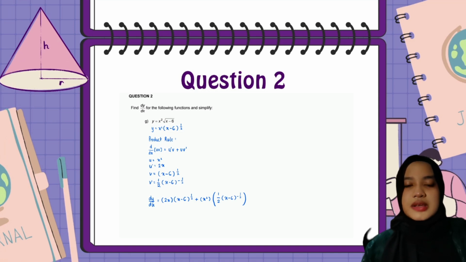The question explicitly asks us to simplify our answer. To do this efficiently, we can factor out the lowest power of x minus 6, which is (x minus 6) to the power of negative 1 over 2.